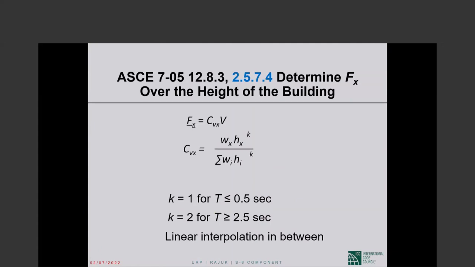K of 2 is a parabolic distribution going from 0 at the base to a maximum at the top. So for long period structures, period exceeding 2.5 seconds, we do a parabolic distribution of the design base shear. For period values between half a second and 2.5 seconds, which is a lot of structures, we do an interpolation between a linear and a parabolic distribution. Or you can always take K of 2 and do a parabolic distribution. That is allowed by the code, but that does not make any sense.